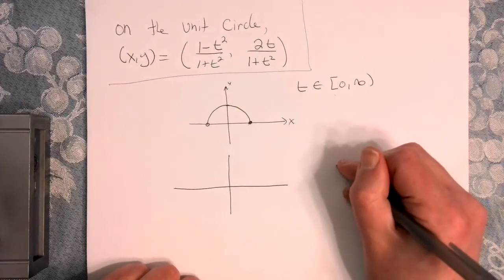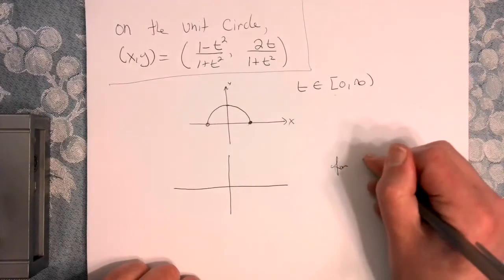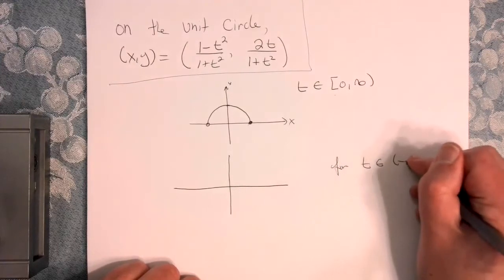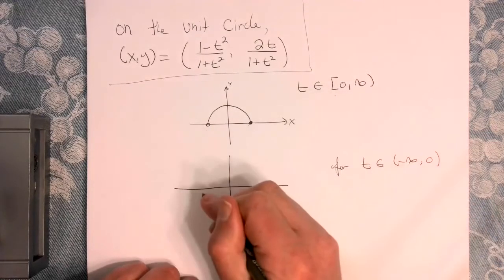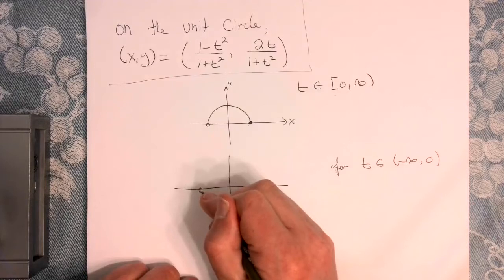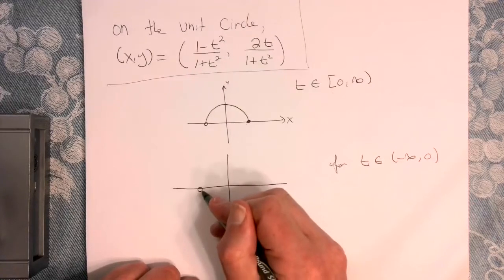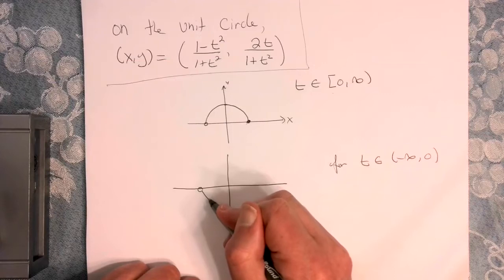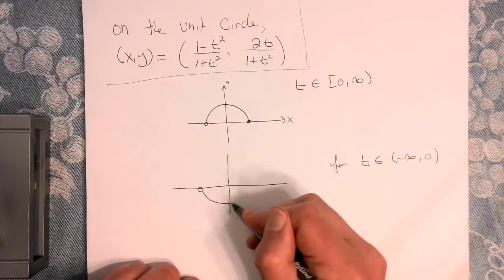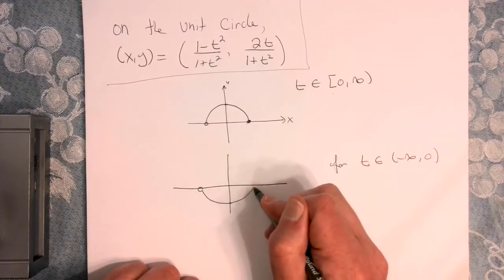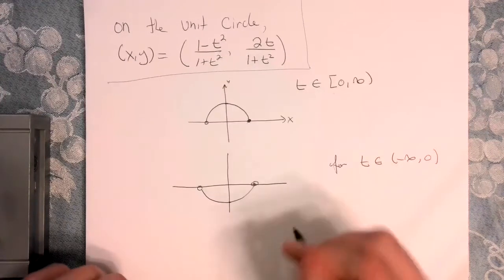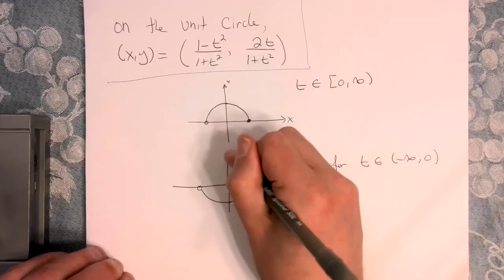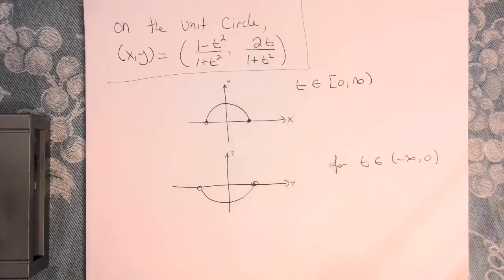And then for t, let's say from minus infinity to 0 exclusive, because we already have 0 here. So minus infinity to minus 1, we go here. And then to 0, we go here. So there's the bottom half of the unit circle that's open. Okay, so in this way, we generate the unit circle.